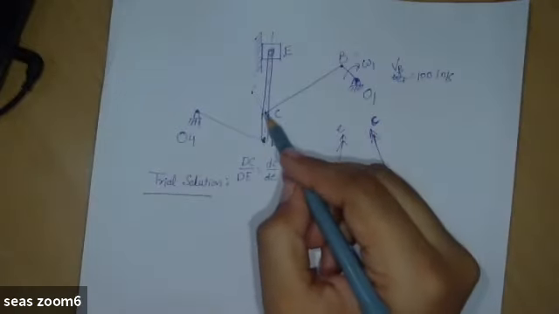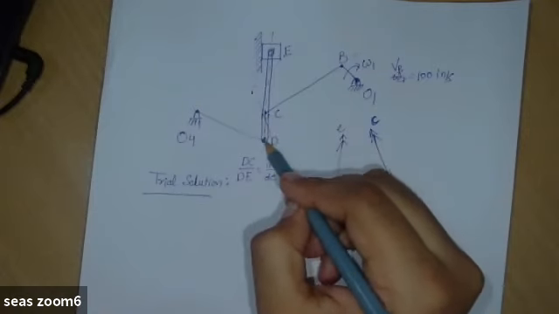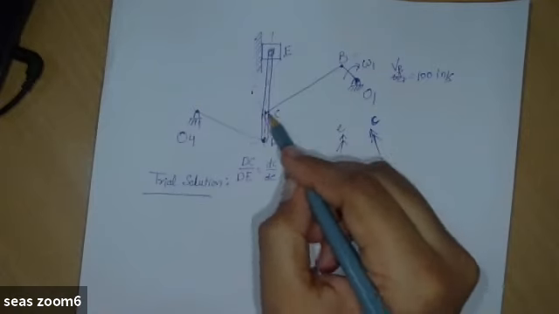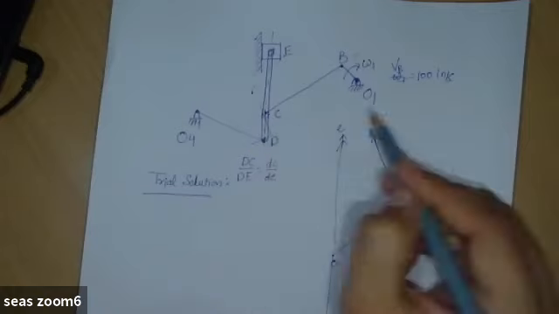Similarly, the velocity of D with respect to C will be perpendicular to this line, CD. Okay.